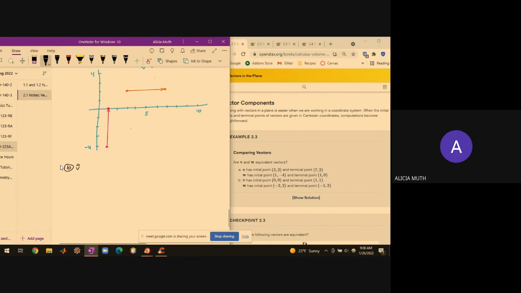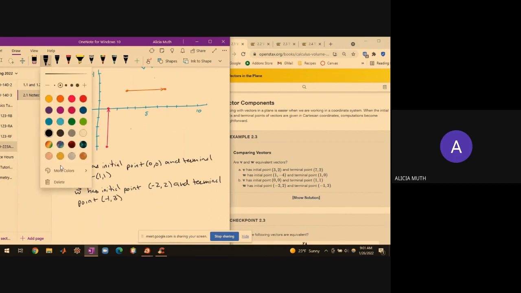So V has initial point 0, 0, and terminal point 1, 1, while W has initial point -2, 2, and terminal point -1, 3. So let's see.